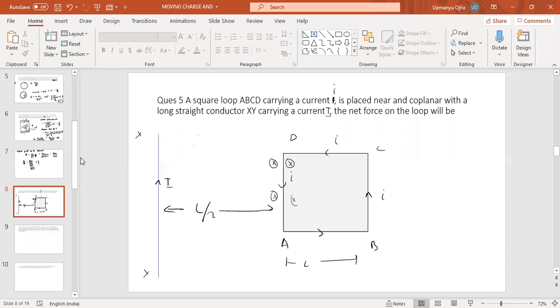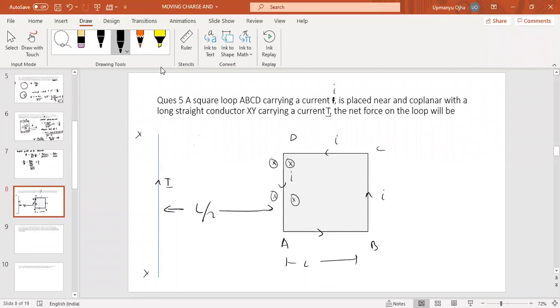Inside the plane. Now can you tell me what is the force acting on AD wire by Fleming's left hand rule? Okay, if I take this direction of current anti-clockwise, then the answer would be easier for us.